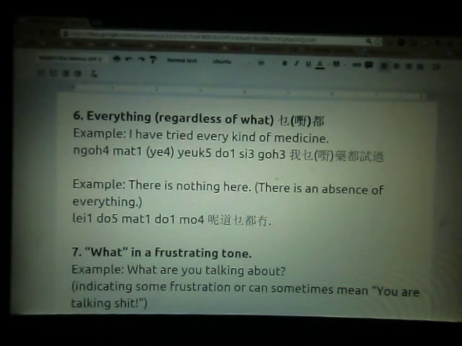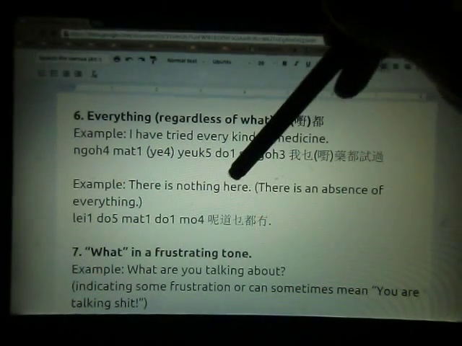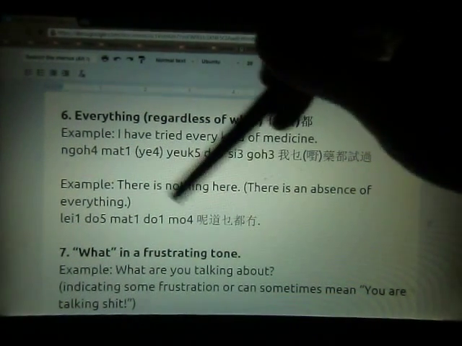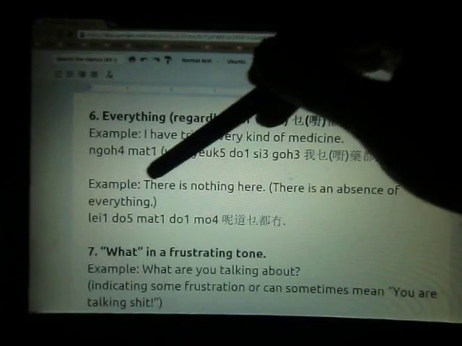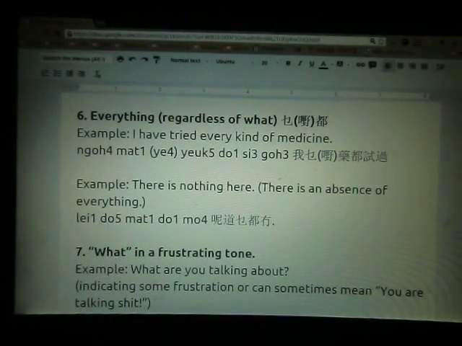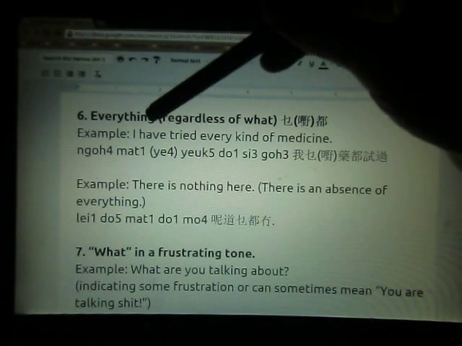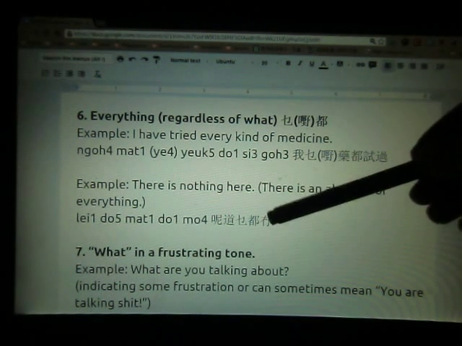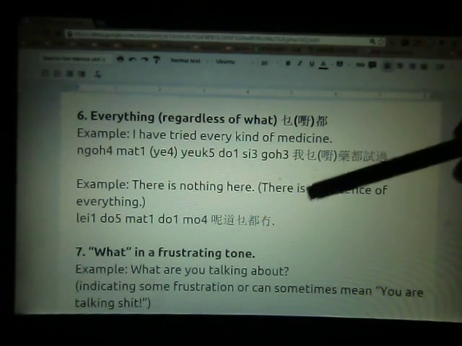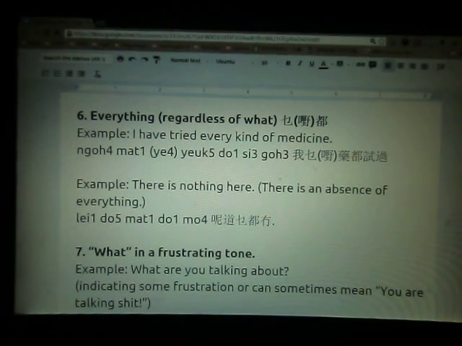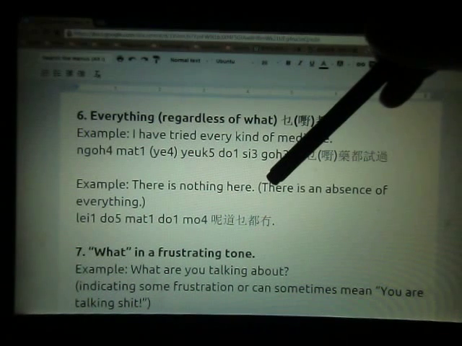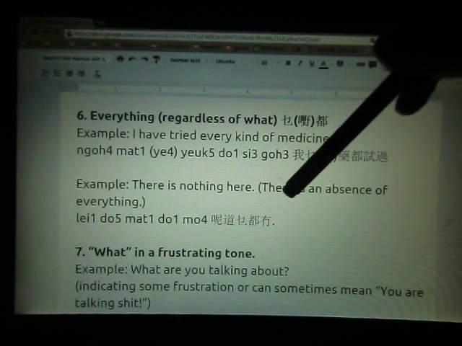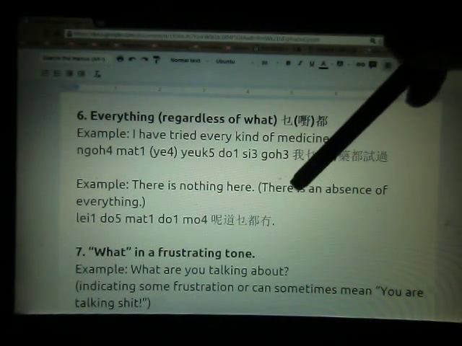Another example, there is nothing here. 呢度 here, 乜 or just 乜 nothing, 乜都冇 it's nothing. 乜 again refers to every, so there is an absence of everything here. So why do we use 有 or 冇? Some people will think we should use 係 or 唔係 for is, which is not true, because somehow Cantonese people, whether it is an animal or a human being or just a place, everything including a place can possess things.